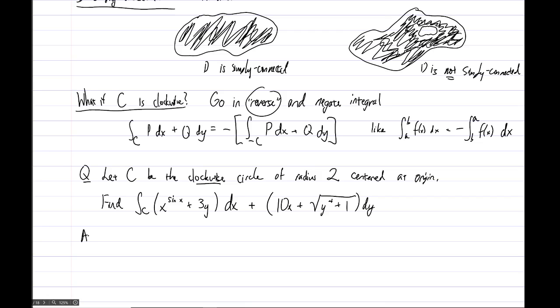And then just because I don't want to deal with the clockwise, let's let capital B be the counterclockwise circle.